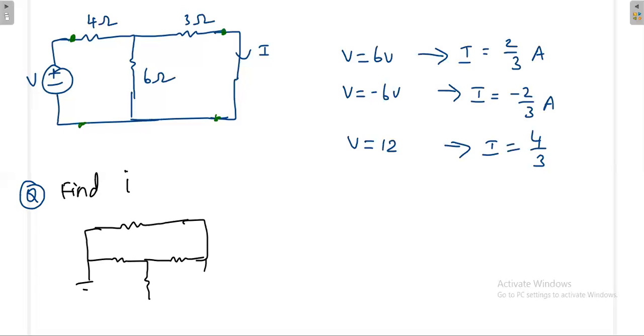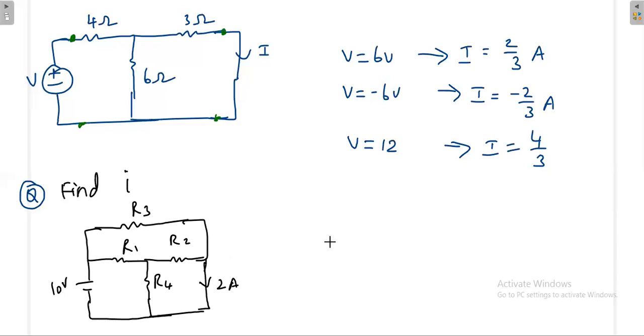Here 10 volt is the voltage source, and there is 2 ampere. These are R3, R1, R2, and this is R4. I do not know the resistance values, but whenever I apply 10 volt voltage source here, I am getting 2 ampere current here.